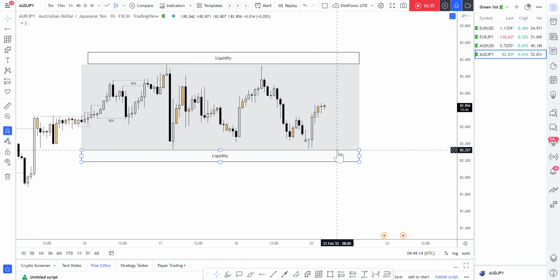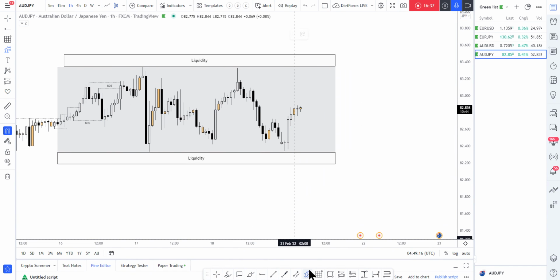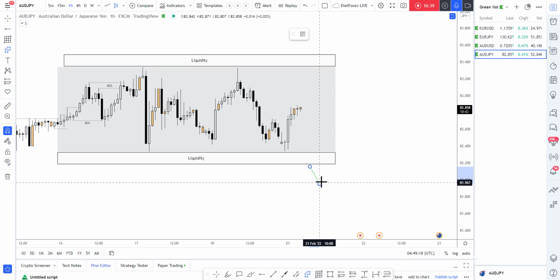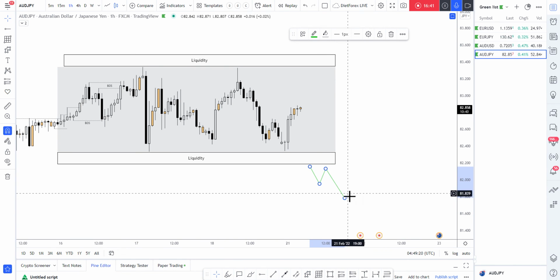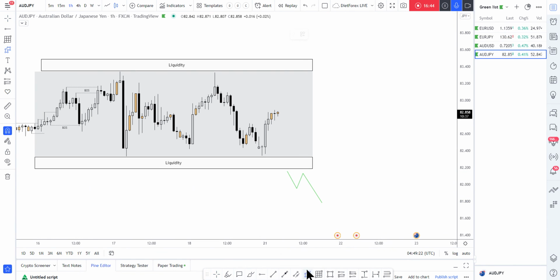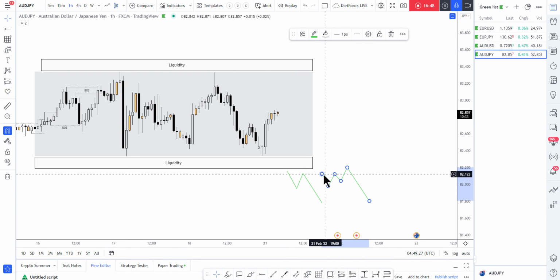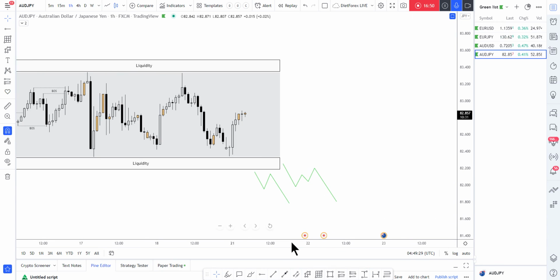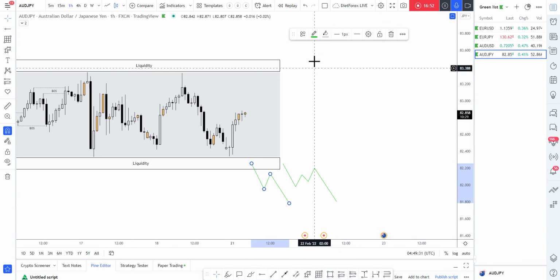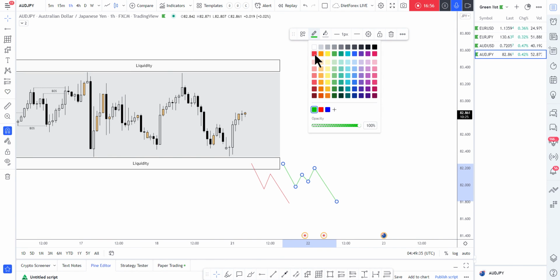So I would just sit on my hands and then wait for a possible impulse to the downside. Of course, get the retest. You could also wait for the bomb. Yeah. So just the same scenario.